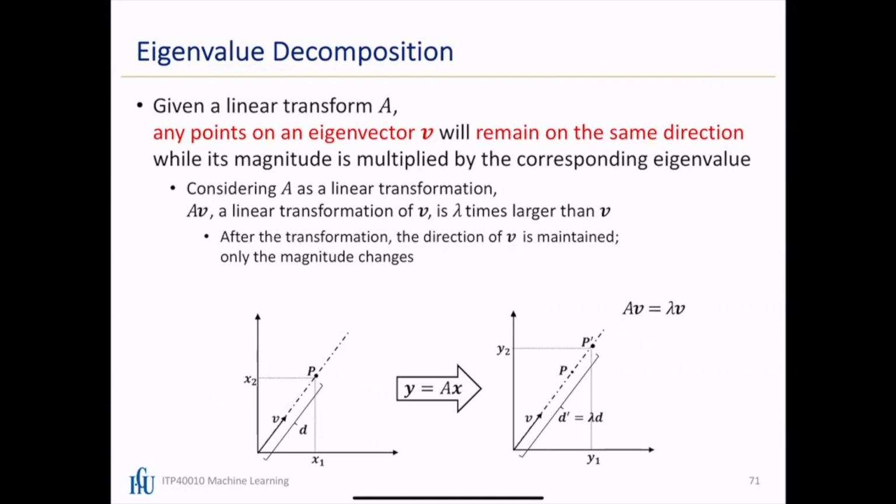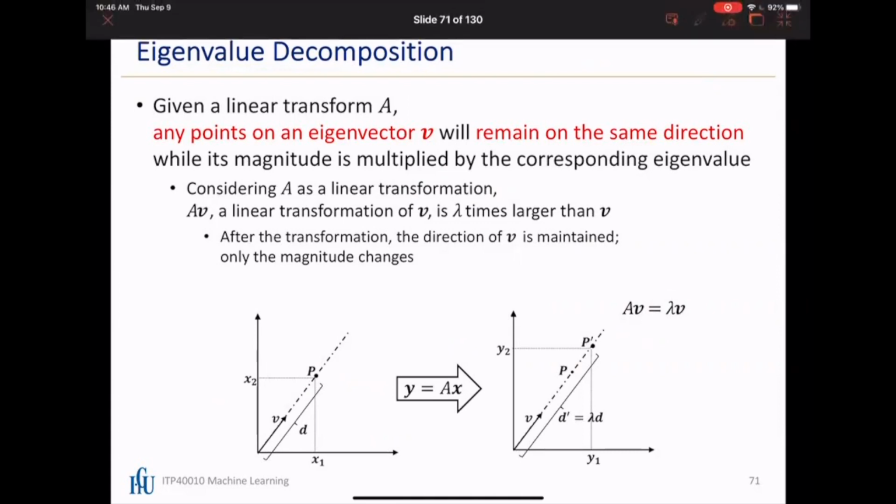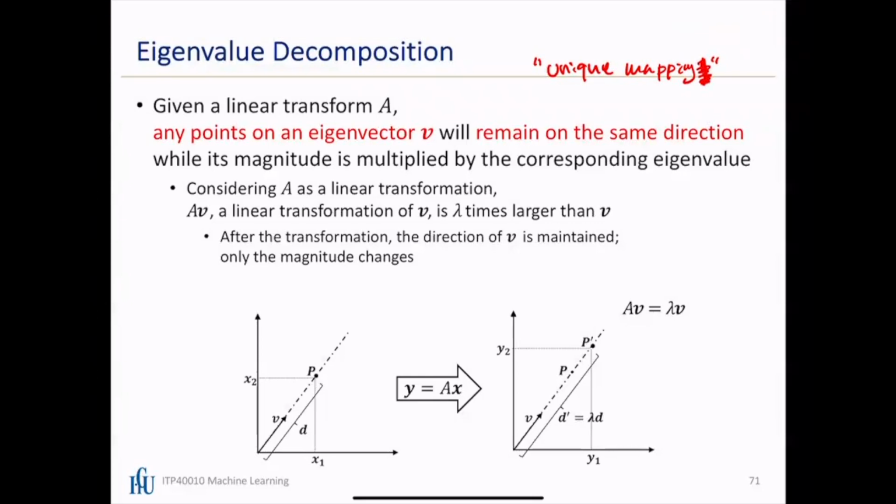In the previous slide, we talked about there being a unique mapping. Given matrix A, like we discussed, A is a transformation matrix. Any given vector in the space is going to be moved somewhere else.